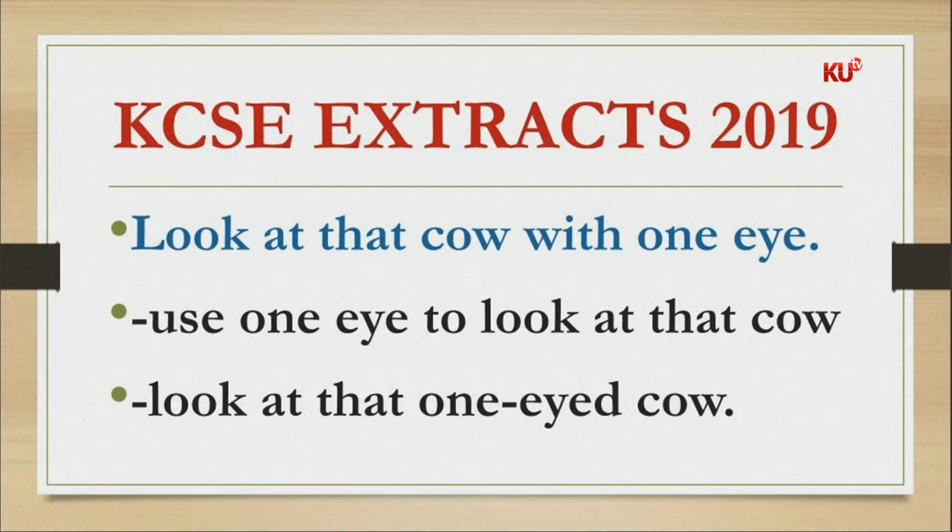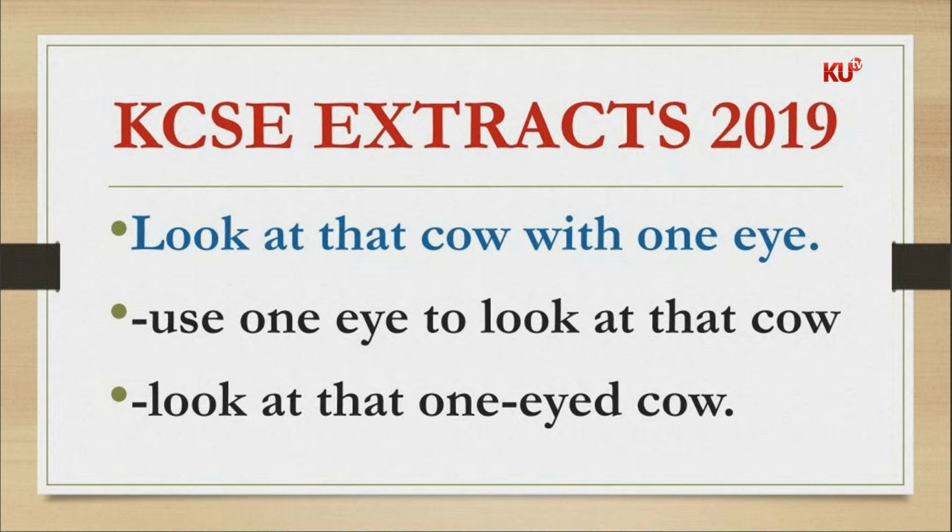That is the first meaning of that statement. Use one eye to look at the cow. Close one of your eyes, and then with the other one that is open, look at the cow.